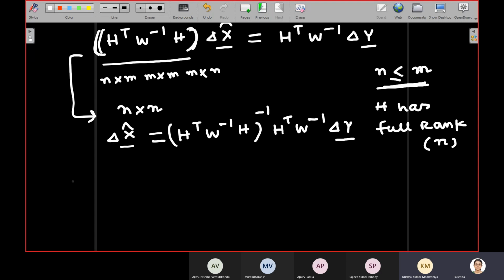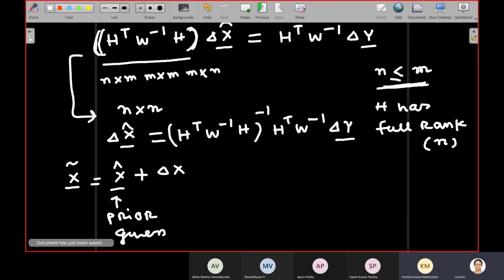Now we already have the prior guess, so we know that x, so let's call this x tilde. This is the estimate of x, and it is given as, this is the prior guess. So x tilde is the estimate.